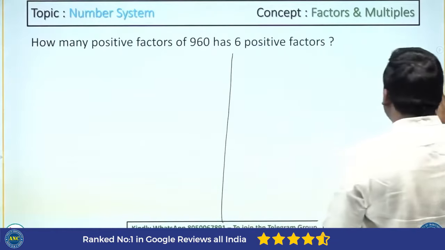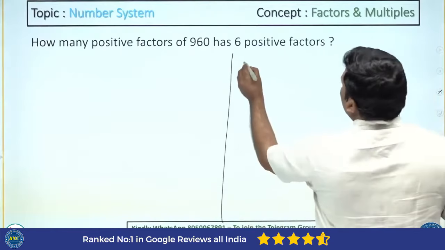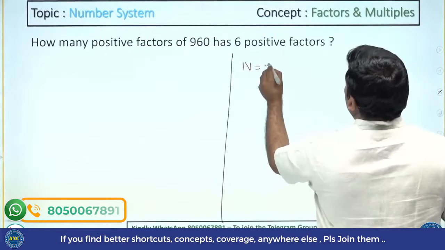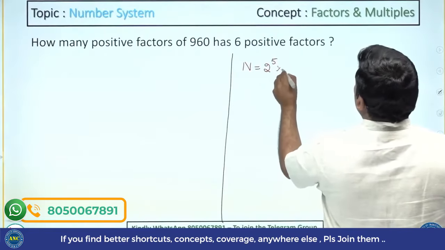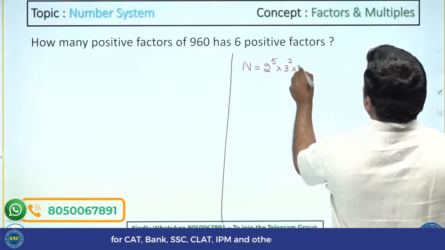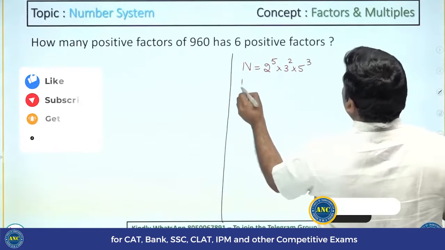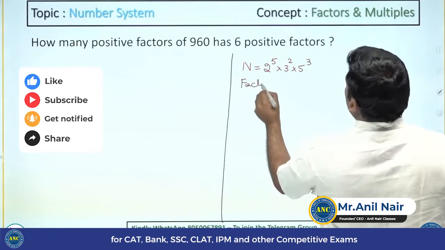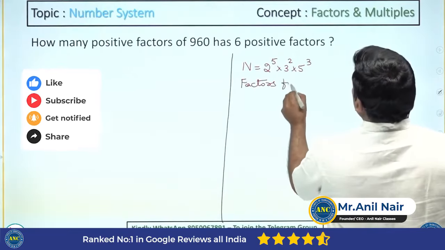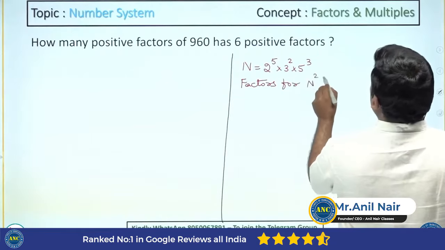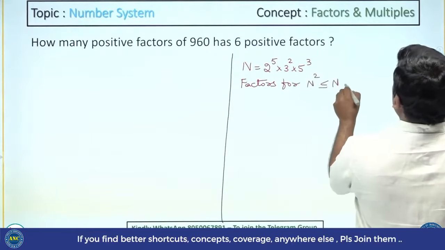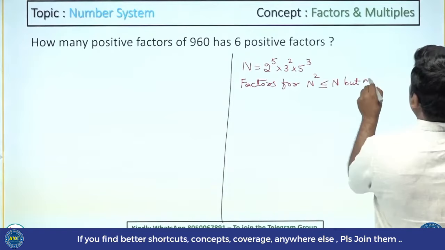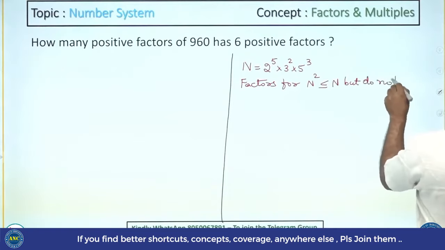Let us do it for a smaller number. 3 prime bases. N is 2 power 5 into 3 square into 5 cube. How many factors of n square are less than n, but do not divide n? You don't need to learn any formula by heart.